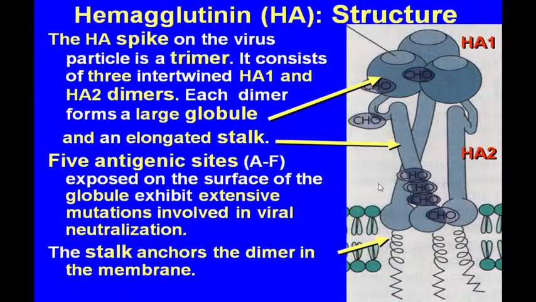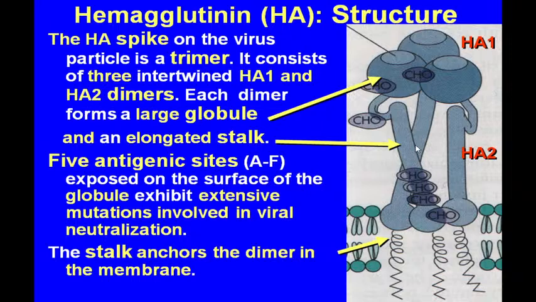So it has a complex structure. It is a trimeric molecule that contains HA1 and HA2 dimers, right? And each forms a large globule, and here you can see the fragment that is responsible for binding with the cell receptor.